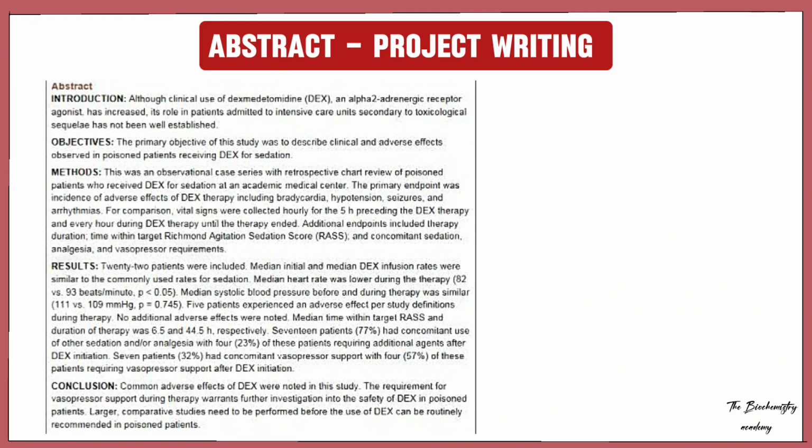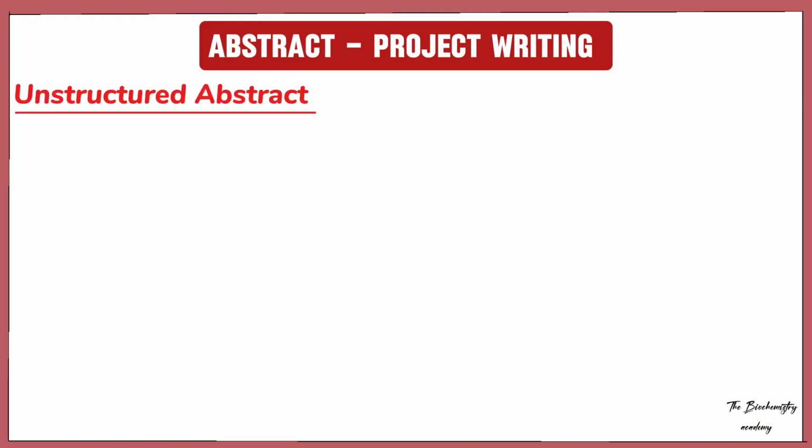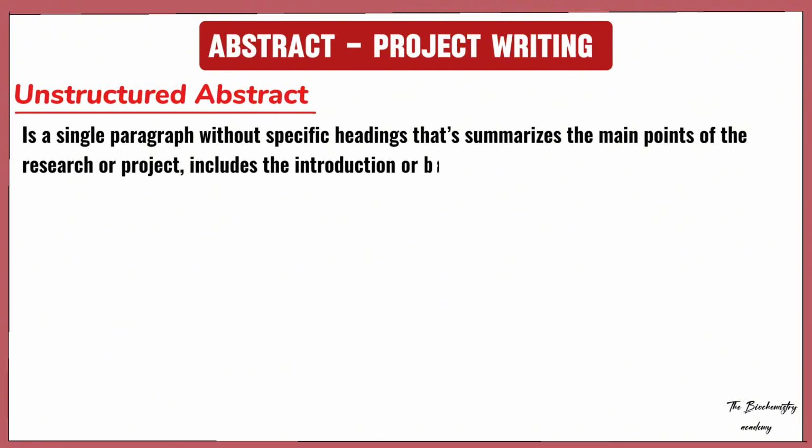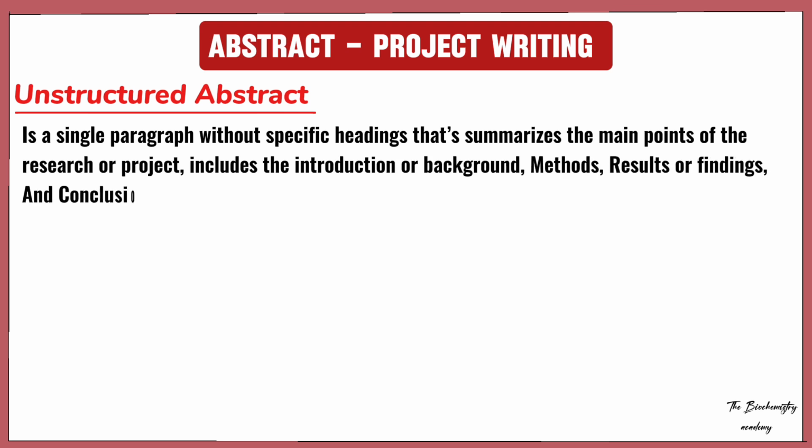Now let us talk about the unstructured abstract. The unstructured abstract is a single paragraph without a specific heading that summarizes the main points of the research that includes the introduction or the background, the method, the result or findings, and conclusion.